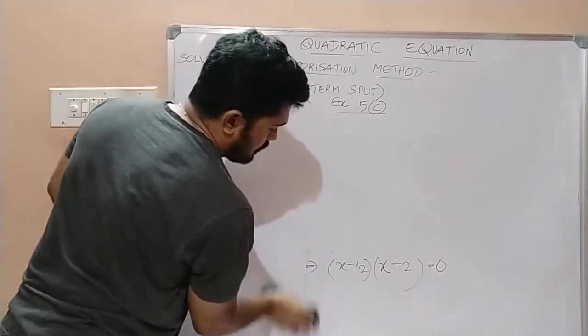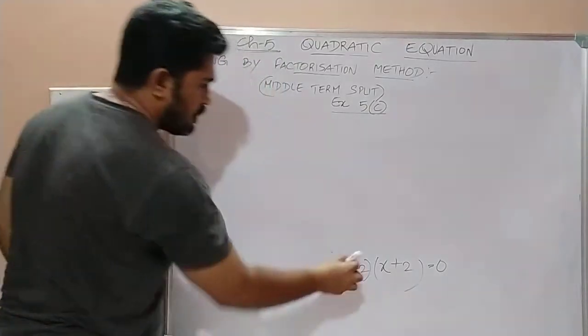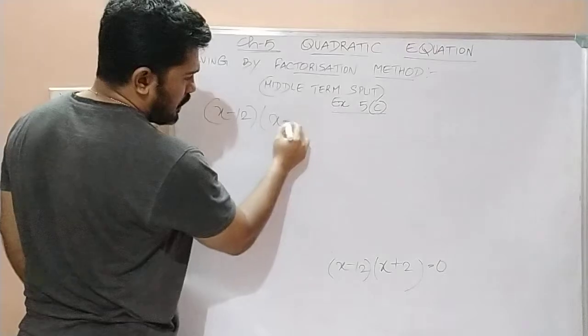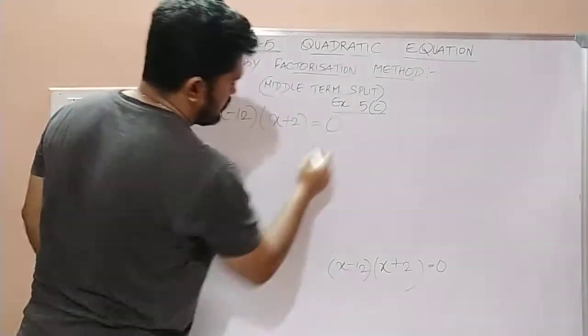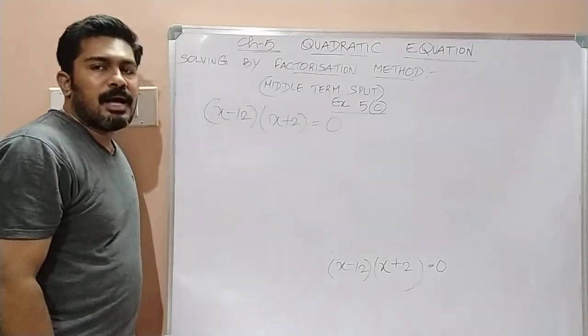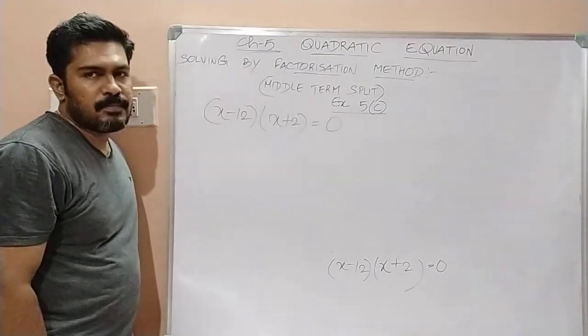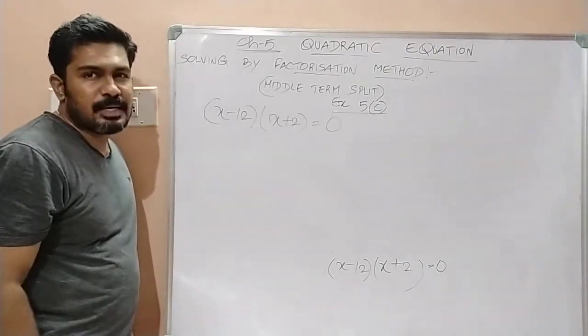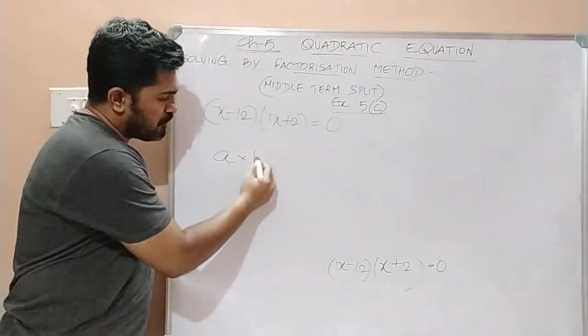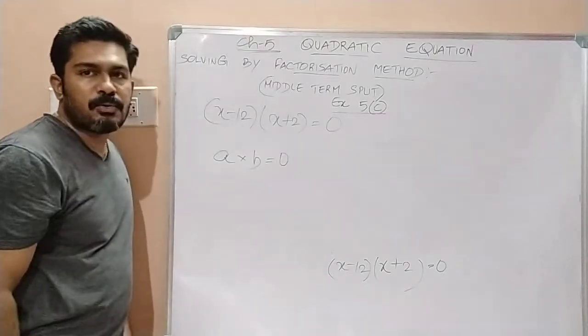Children, I was getting x minus 12 into x plus 2 as 0. Now how to go ahead further and find the value of x? Children, a very simple logic I'll teach you. Suppose I am saying a into b is equal to 0.